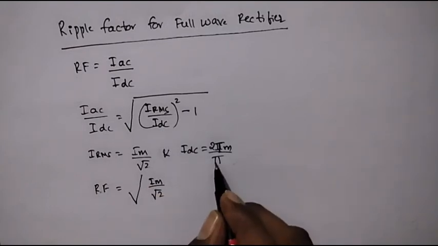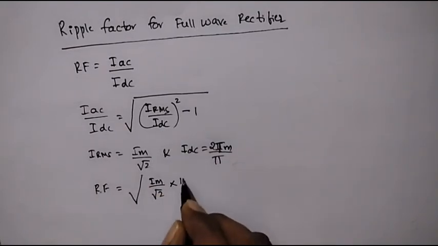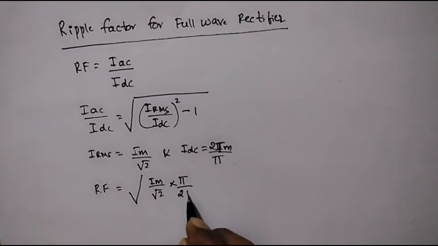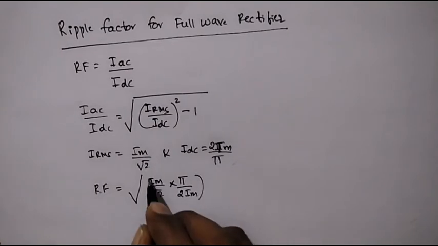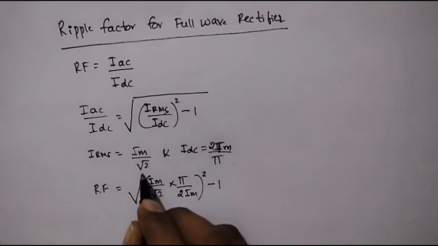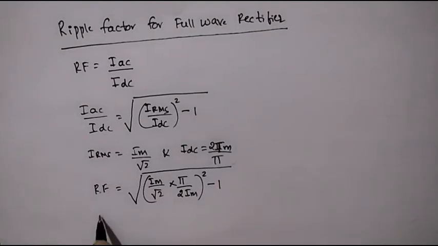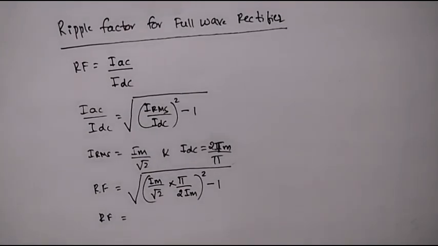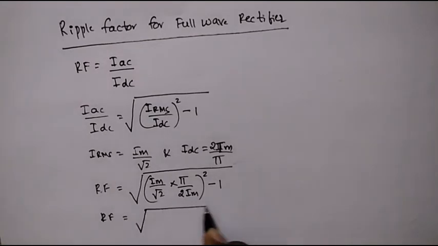I will multiply with inverse of this, that is pi divided by 2 Im, whole square, minus 1. So simplifying this, Im will get cancelled, and we get pi by 2 root 2 whole square minus 1.